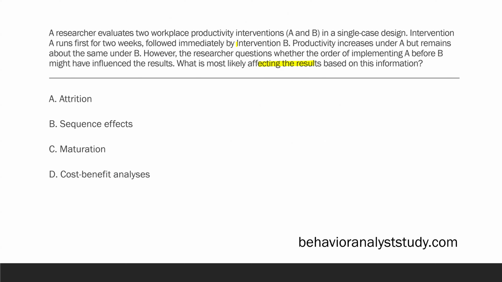What do we know? We know this researcher has two interventions, A and B, in a single case design. He first runs intervention A for 2 weeks. Let's call that A. And then he immediately goes to intervention B for another however long.